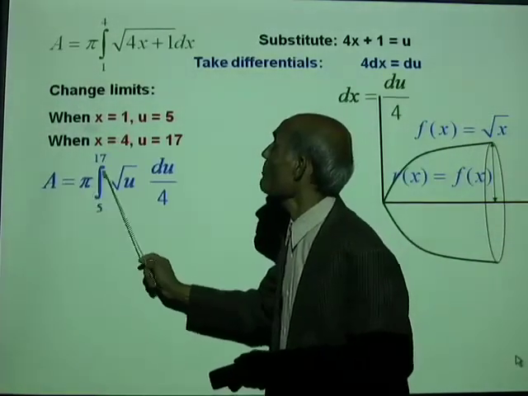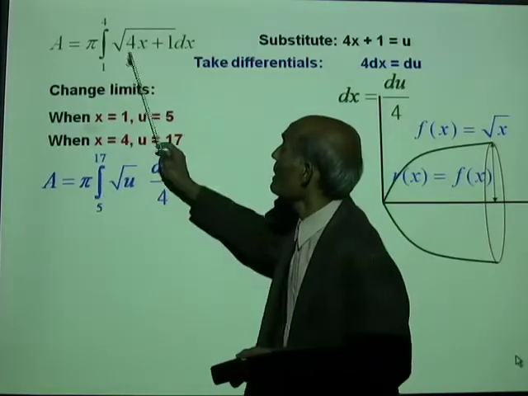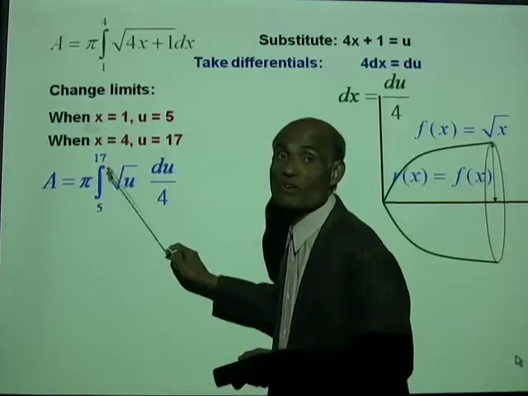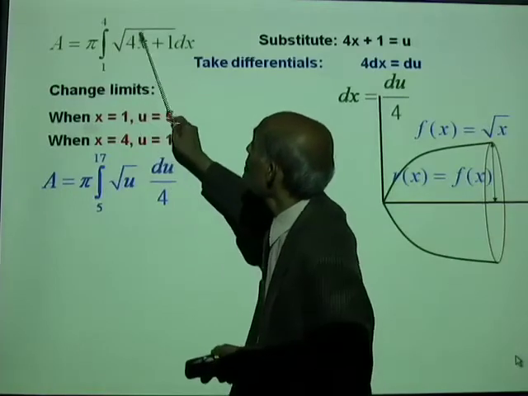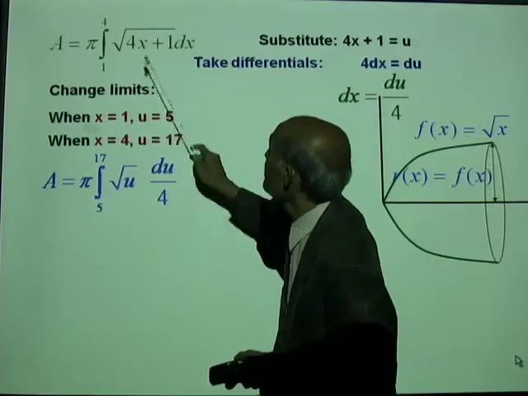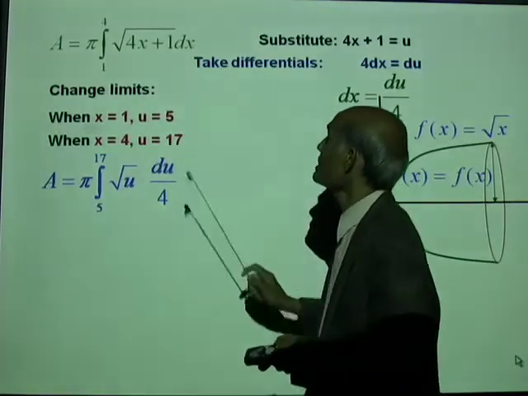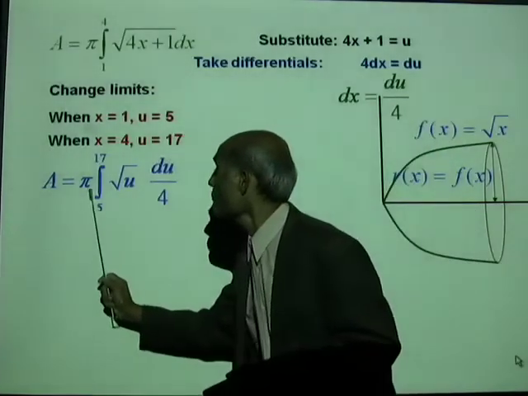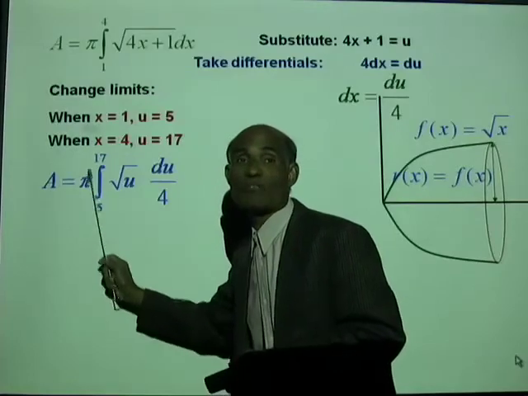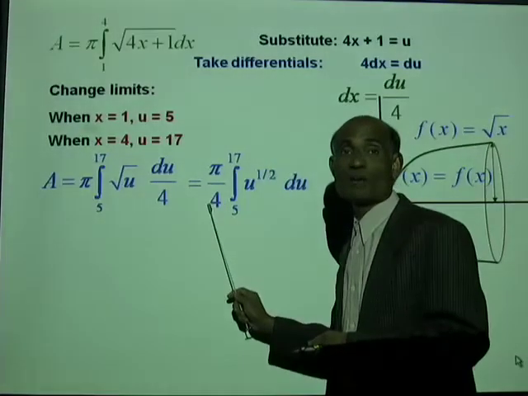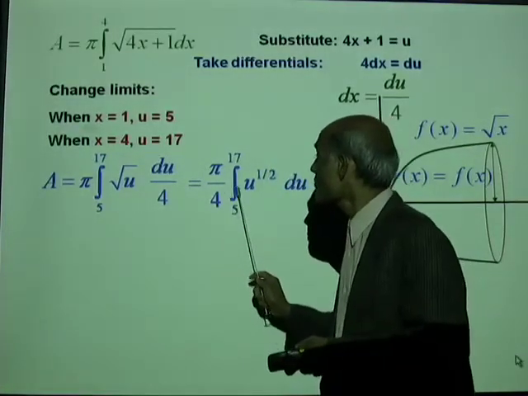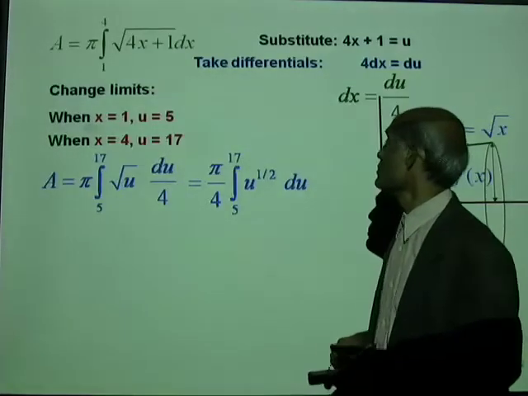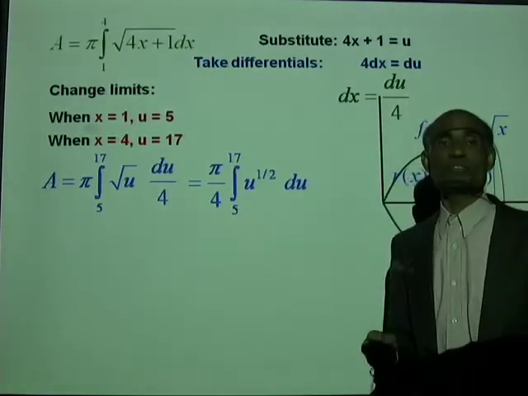Area is now pi times integral, u changes from 5 to 17, square root of u times dx, which is du over 4. Now this 4 comes out, so this will become pi divided by 4. So pi over 4 integral 5 to 17 u to the power of 1/2 du.